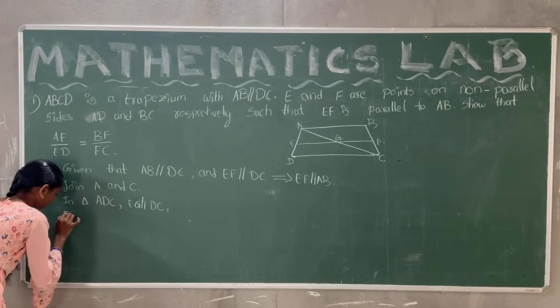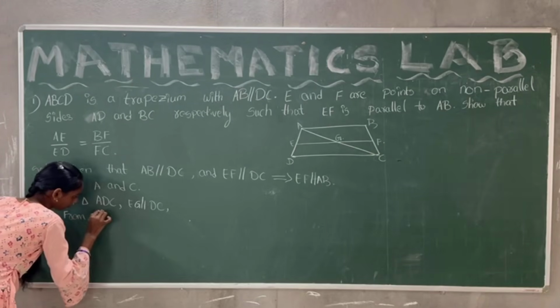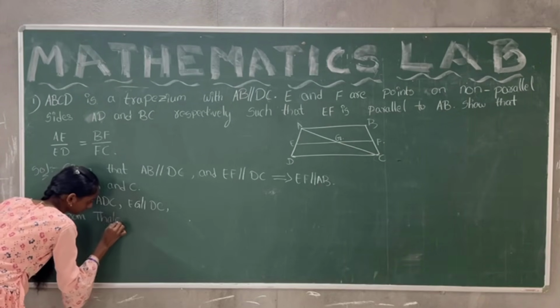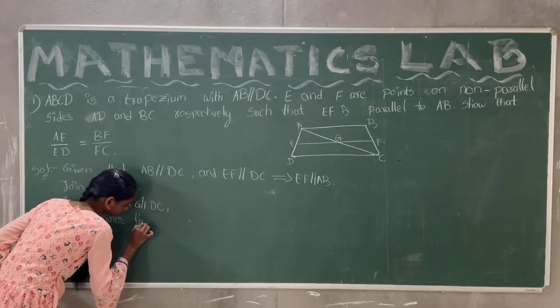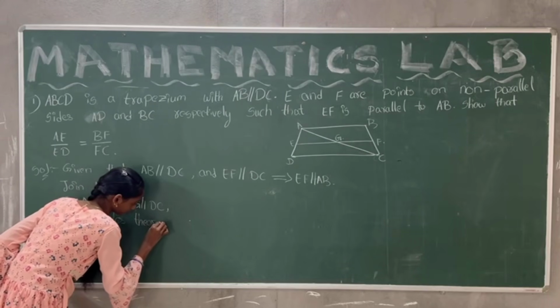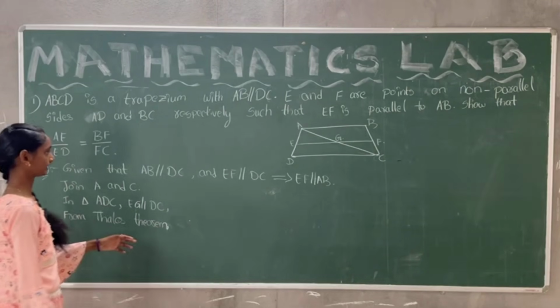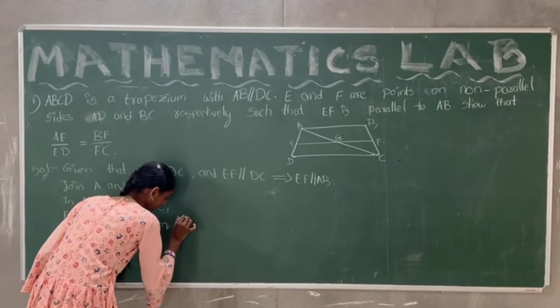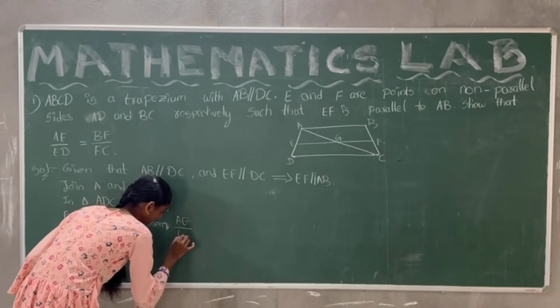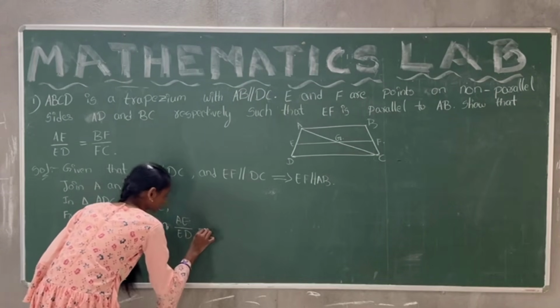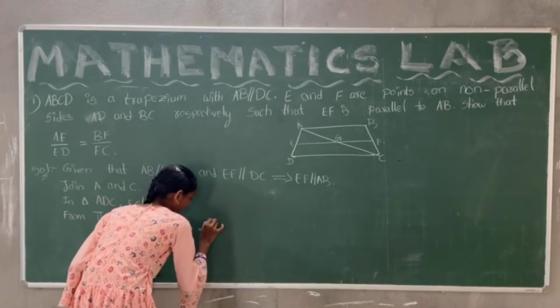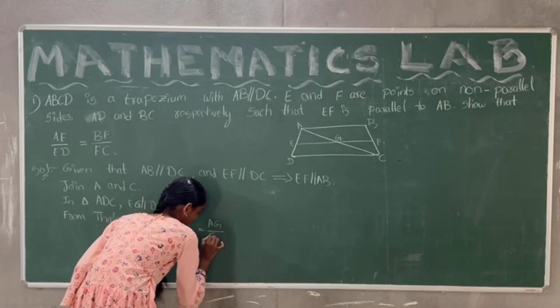From Thales theorem, AE by ED equals AG by GC.